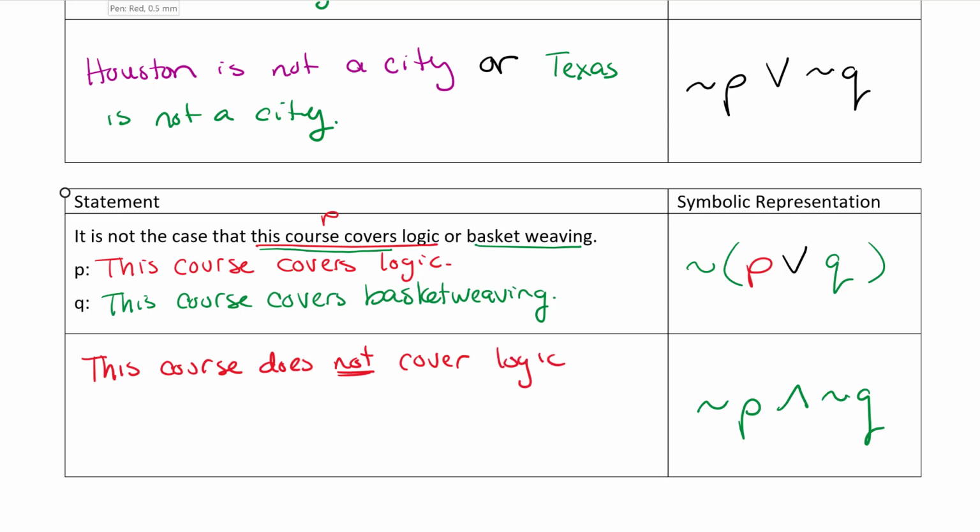Then we have a conjunction, and then we have our Q, but we want the not of Q. So, and this course does not cover basket weaving.